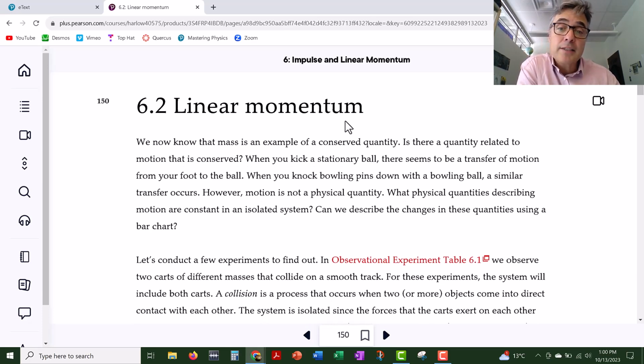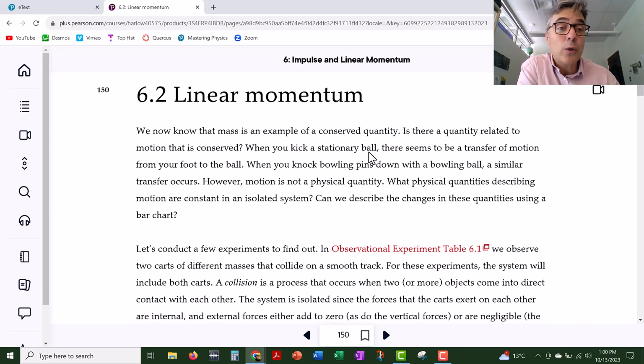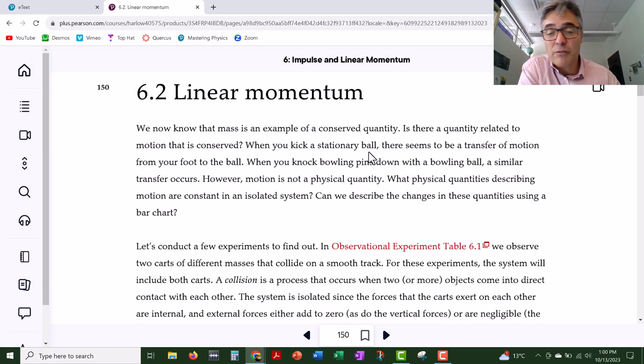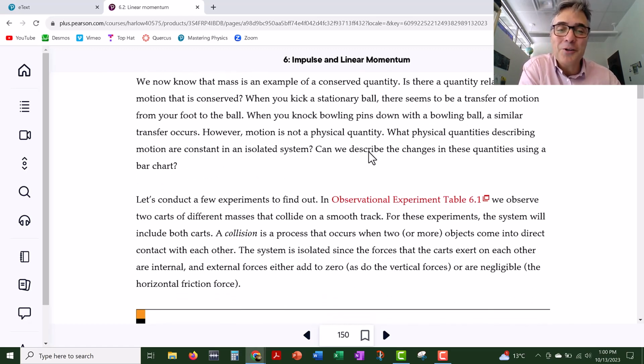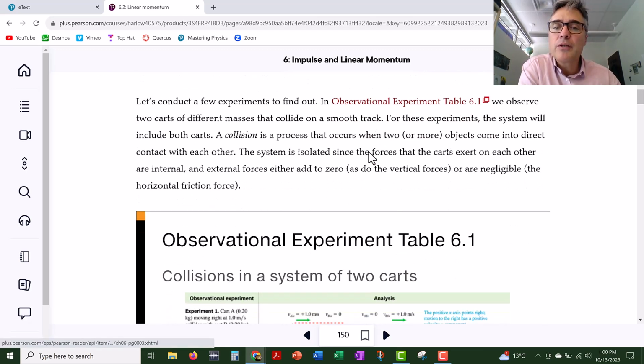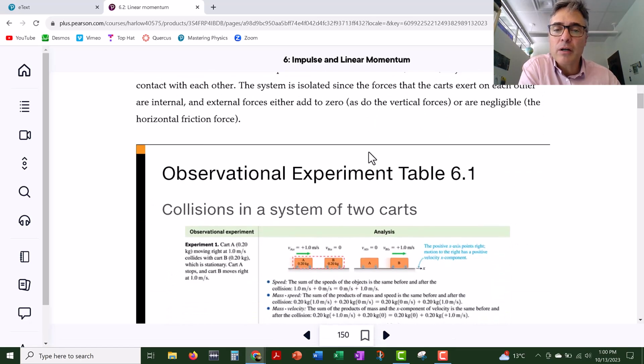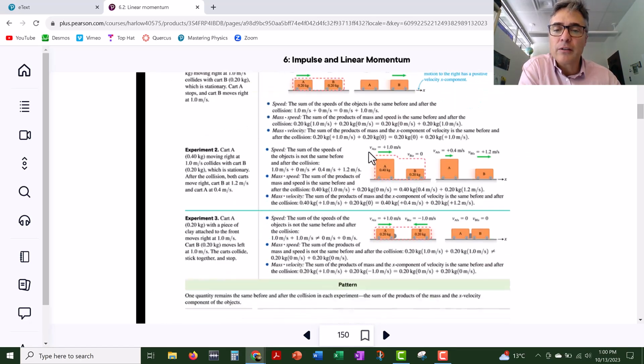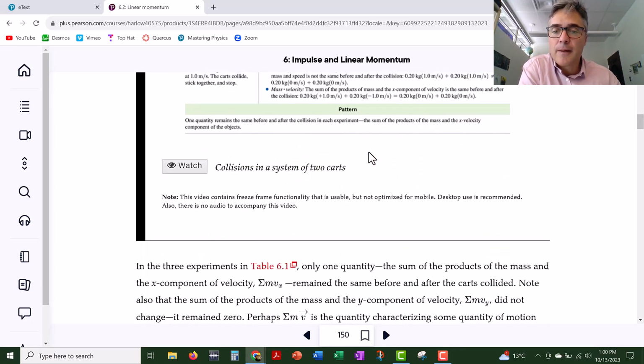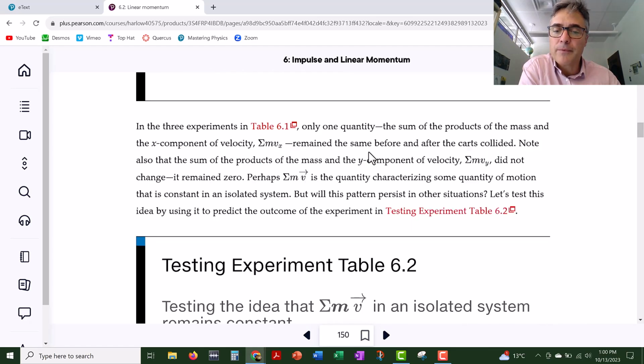We know that mass is an example of a conserved quantity. Is there a quantity related to motion that is conserved? Well, it depends again on how you define your system. In this chapter, we introduce something called mass times velocity, which gives momentum.